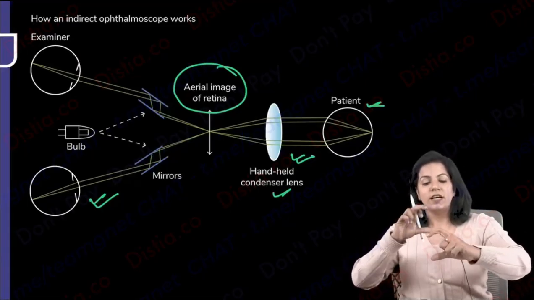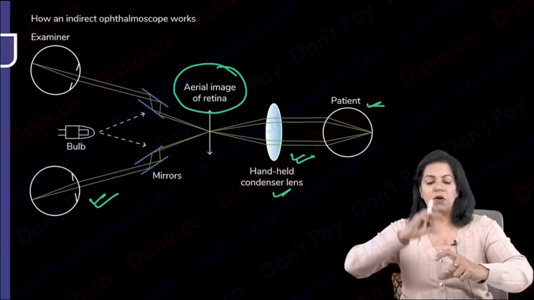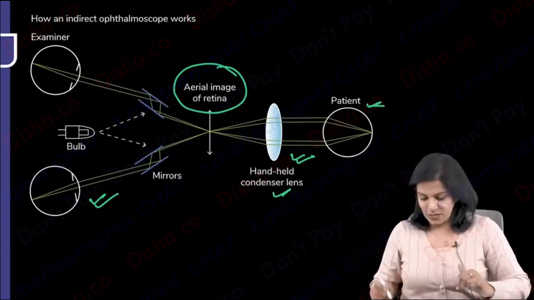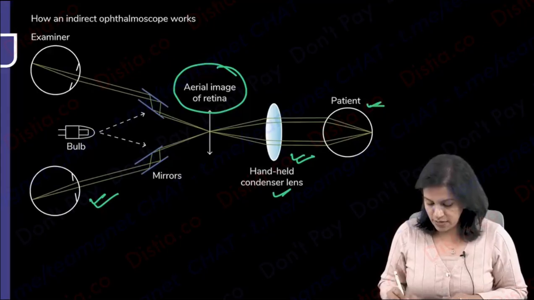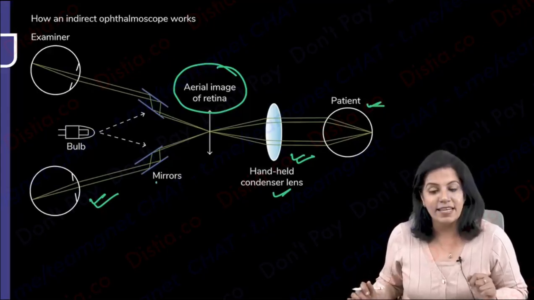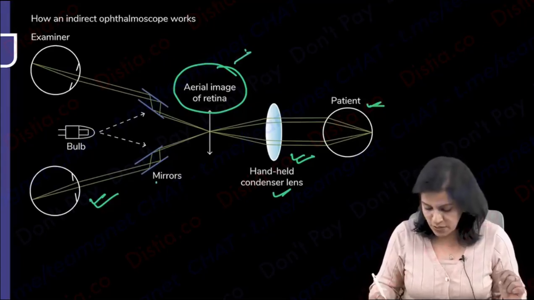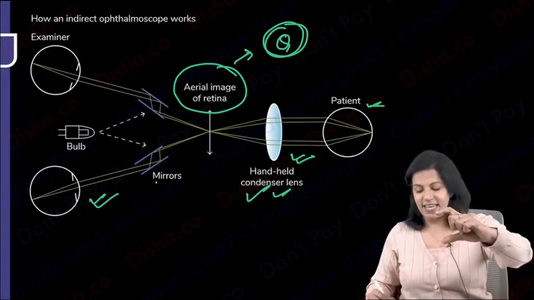I'm holding the condensing lens like this to see clearly. The image is formed in air between the lens and my eye, so this is an aerial image. It then goes into the eye through these reflecting mirrors. So this is how an indirect ophthalmoscope works. This is also asked in the exam: where is the image formed? It is between the lens and the examiner.